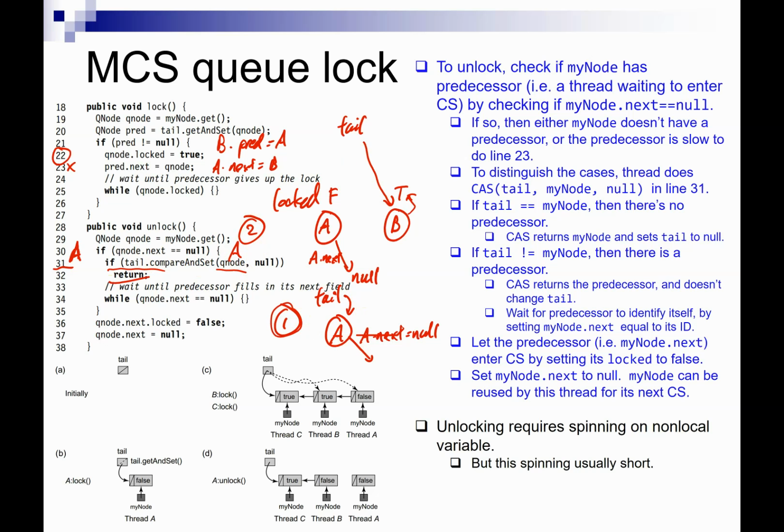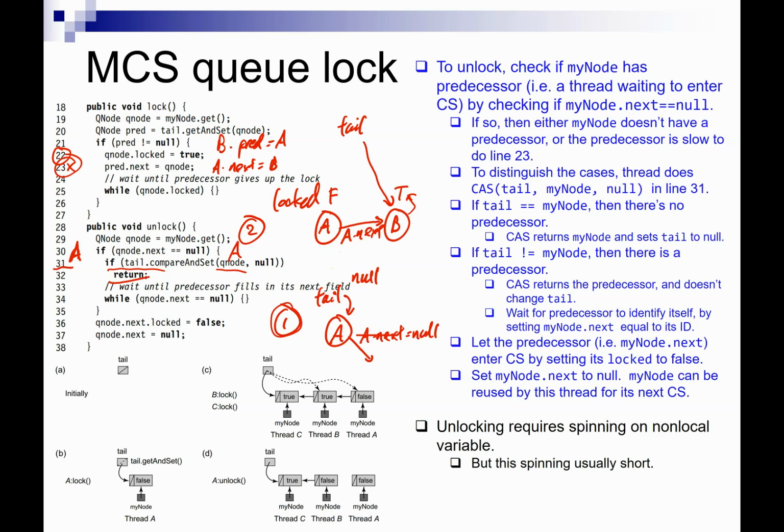And then A has to wait for B to set its next pointer. Currently its next pointer is pointing at null. A has to wait for B to set the next pointer to B. In other words, A has to wait for B to eventually do this line 23 here. B is currently at line 22, and B will eventually do line 23.